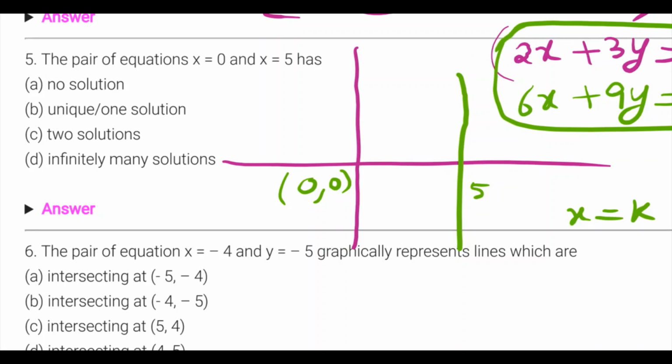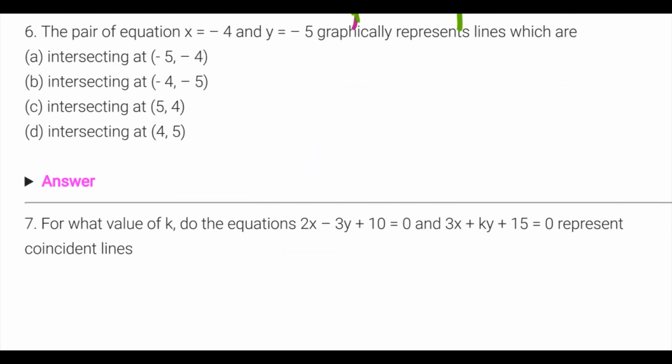And x equals 0 is at the origin, passing through the y-axis. In fact, the y-axis is the line whose equation is x equals 0. These two lines are parallel to each other, and these two lines have no solution at all. So option A.